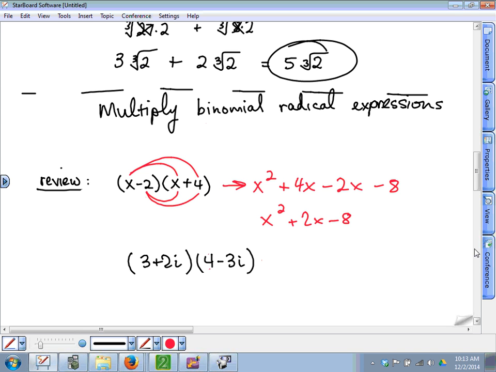Take a crack at it, would you? This is something you should be able to do. May not be as easy as the first review problem, but it uses the same idea. You just distribute.